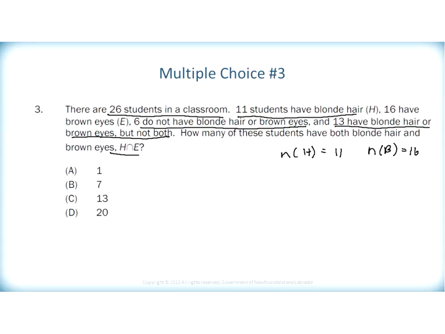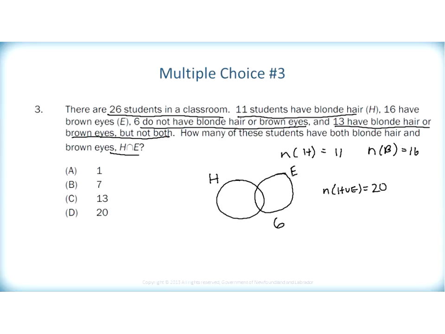Here we can construct a Venn diagram. And we have blonde hair and brown eyes. And according to this, 6 are on the outside. They do not have blonde hair or brown eyes. That means the number of students in the union will equal 20.